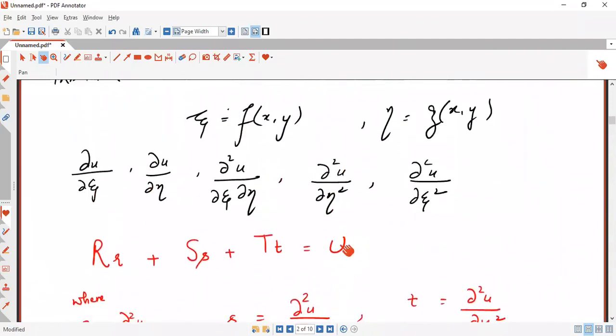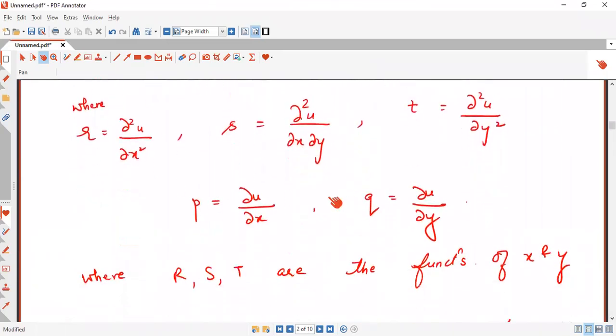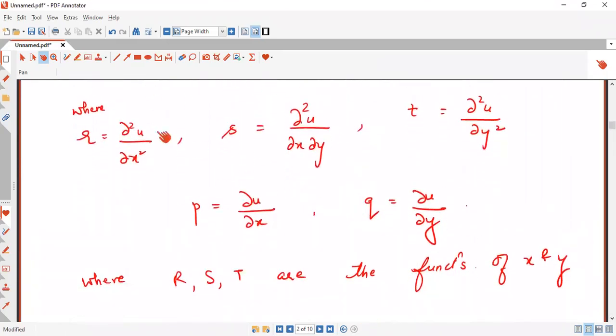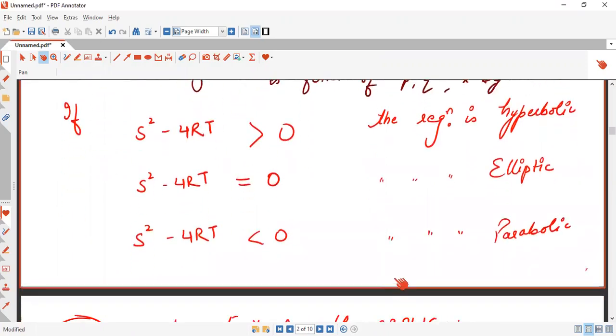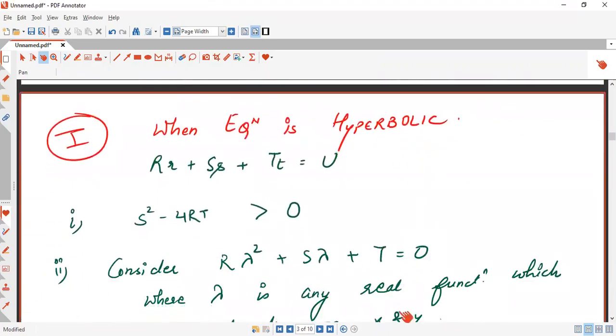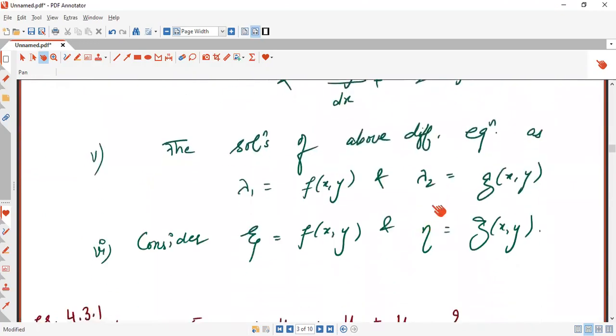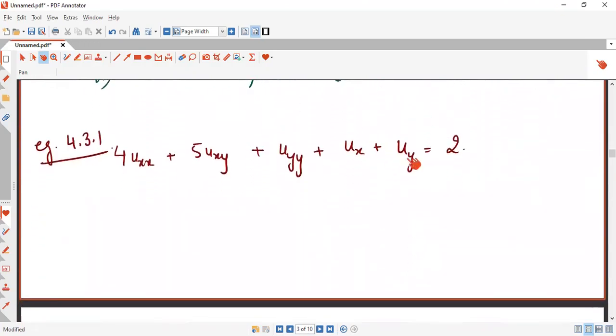This u here can be written as a function of p, q, x, y, where p is del v by del x and q is del v by del y. Another variable z can also be included there. So whatever is the remaining part will be considered as u.